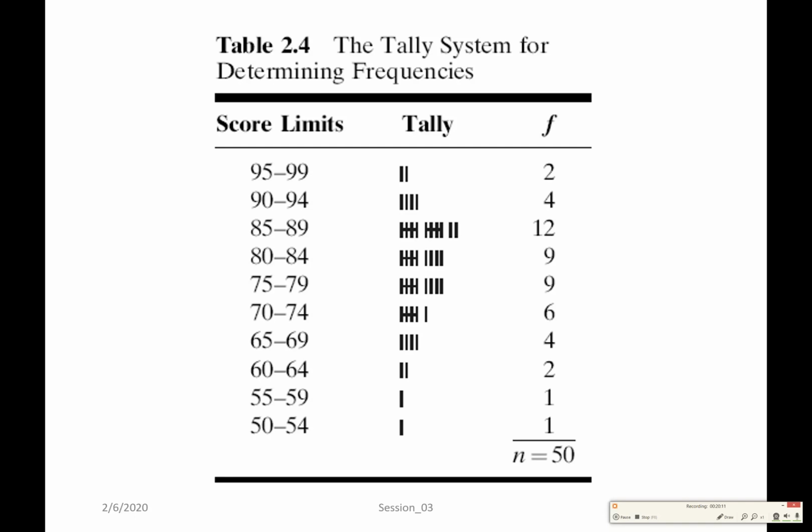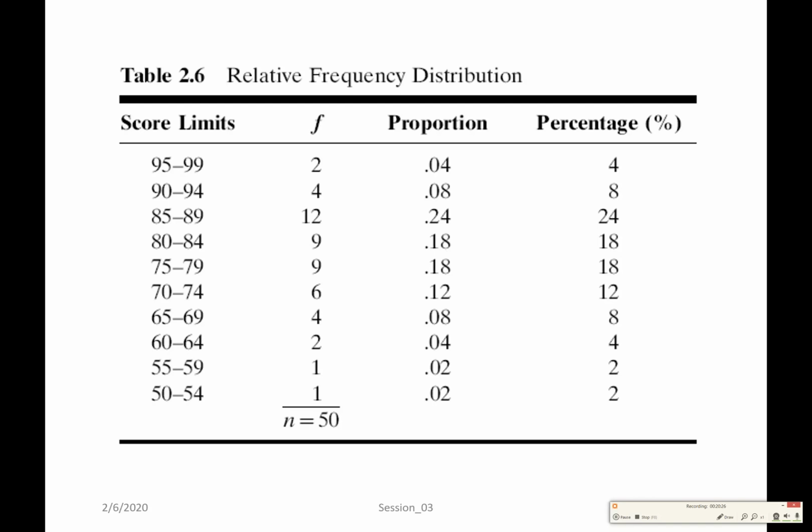Here's another example, where you use ranges and then just tally, which is the frequency. So for 95 to 99, 2 people got those scores. For 90 to 94, 4 people got those scores, and so on.